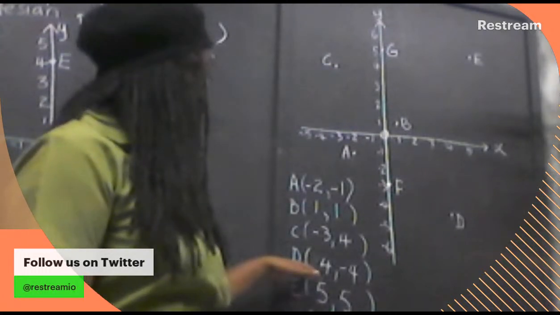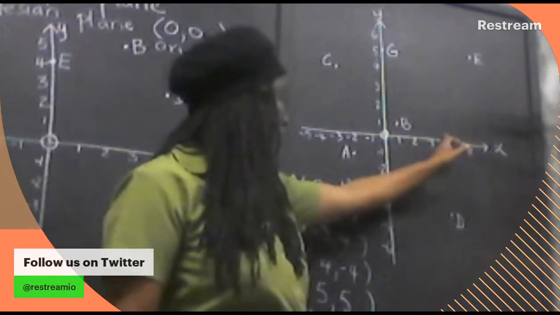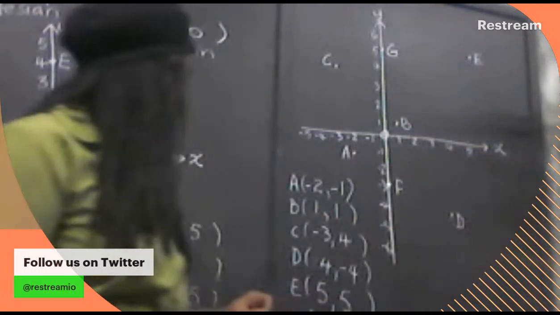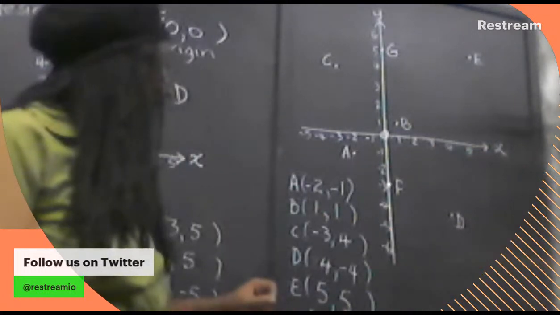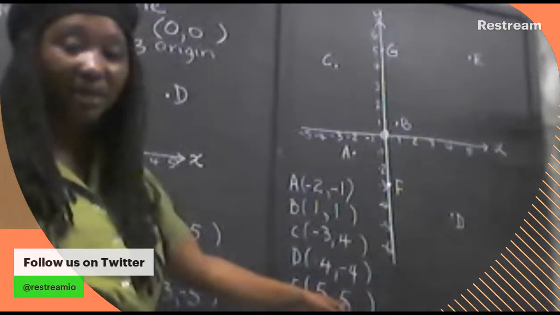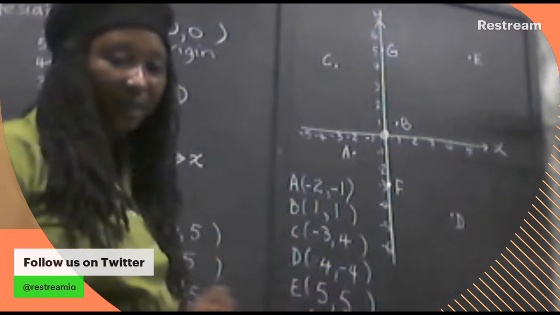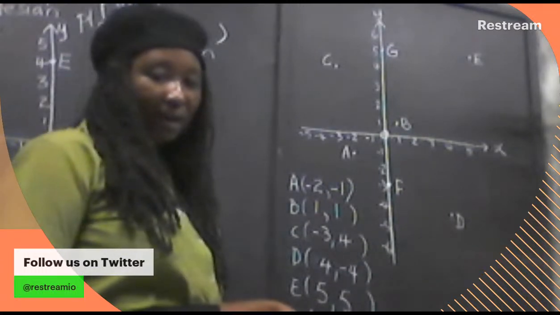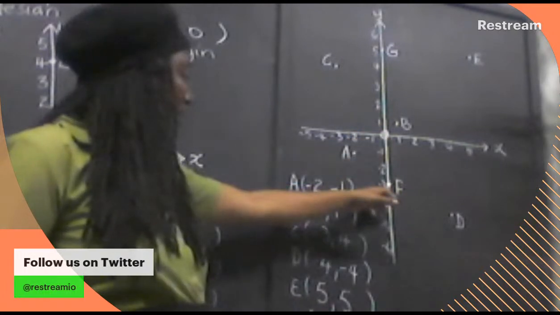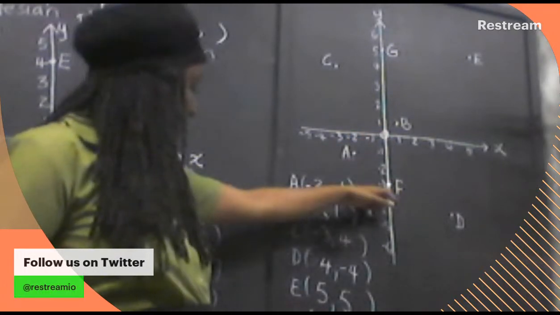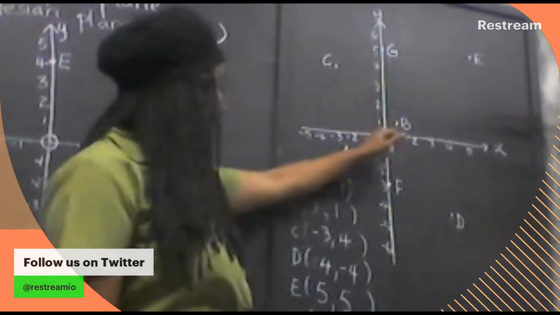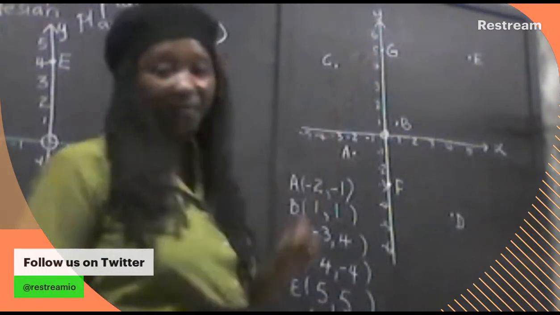For D, it was +4 and then down -4. E, we moved +x, +y. So that's +5, +5. Okay, and F is on the y-axis, so that's 0, -3. And G is also on the y-axis, so that's 0, 5.